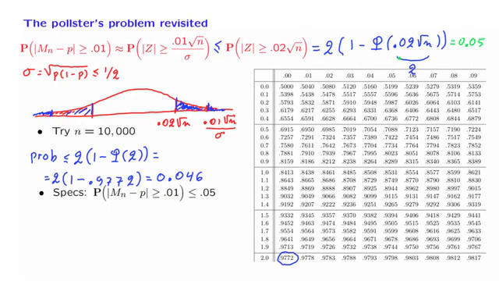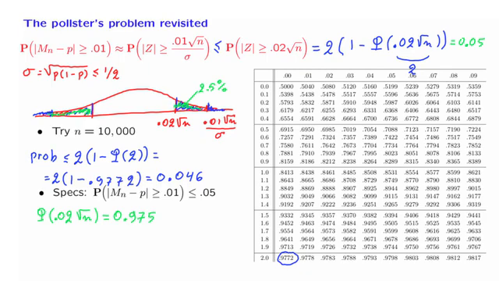Now we can do the algebra, and we find that this corresponds to requiring that phi of 0.02 square root n be equal to 0.975. What's the interpretation of this? We want to choose n so that the probability of the two tails is 5%. This means that we want this probability here to be 2.5%.